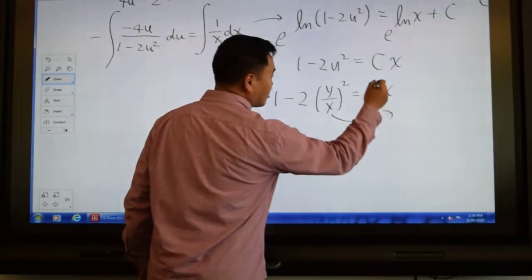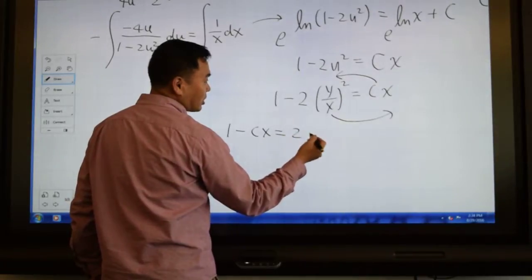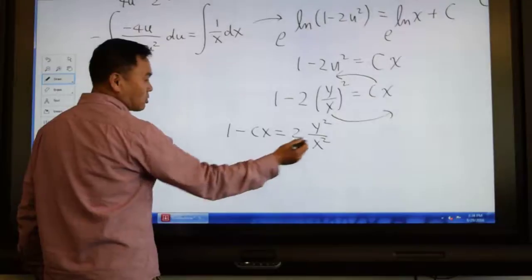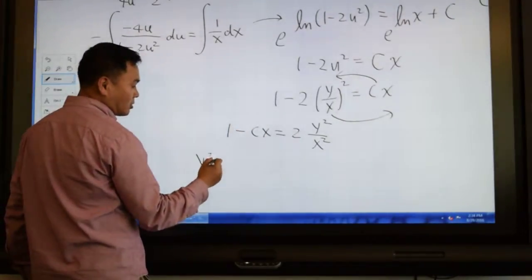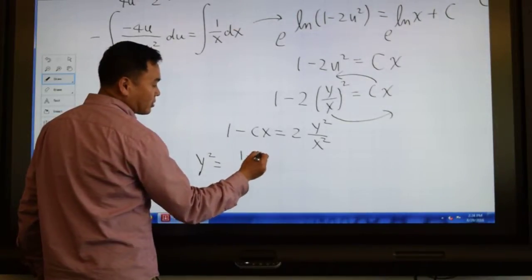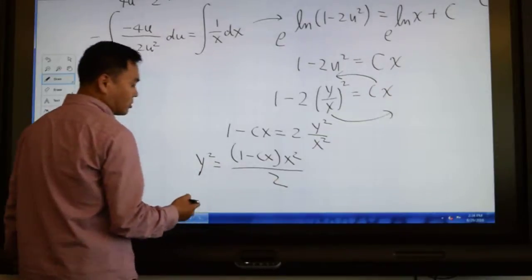Move this over there, move it here, so you have 1 minus cx equals 2 times y squared over x squared. So I want to divide by 2 and multiply by x squared, so y squared is 1 minus cx times x squared divided by 2.